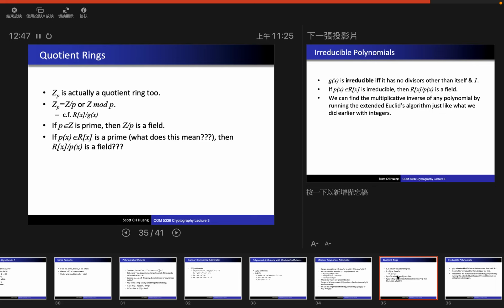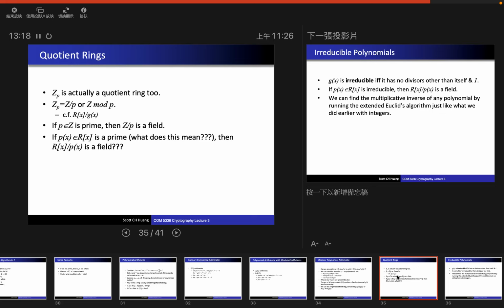We can pretty much regard all prime fields as the set of integers mod some prime number p. So this is a field. If p is prime, then every element will have a multiplicative inverse, because we can apply Euclid's algorithm and the extended Euclidean algorithm to find its inverse, as long as this is prime.